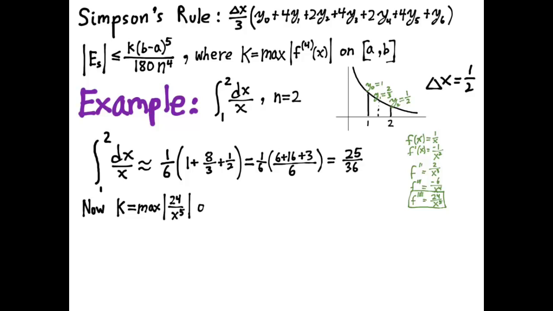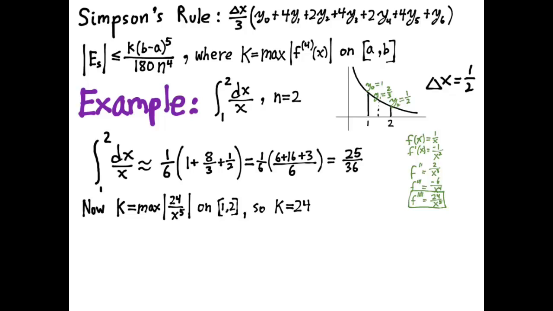So we need the maximum magnitude of 24 over x to the fifth on the interval from 1 to 2. 24 over x to the fifth is decreasing on that interval. The bigger x gets, the smaller the value of the fourth derivative. So the maximum magnitude occurs at the left endpoint of that interval, and we get K equals 24.